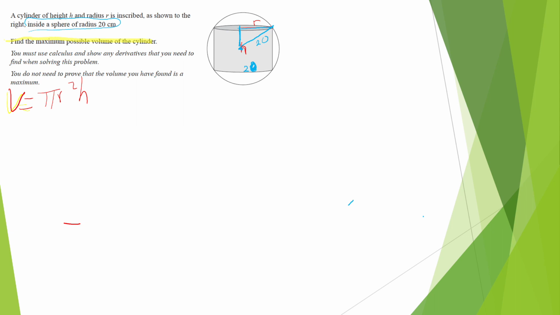Drawing the triangle over here so you can see it: this side is r, this side is half of h, and the hypotenuse is 20. So I have a right angle triangle with one side given, so definitely I would use Pythagoras, which links the h and the r.